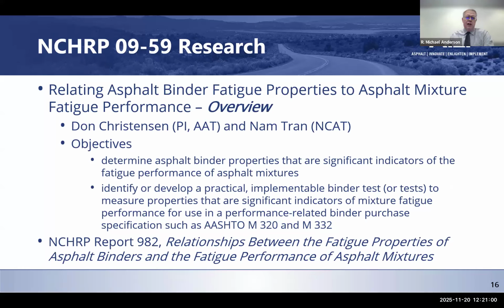So the project objectives here, which you can see, are basically looking for an asphalt binder property that's a significant indicator of fatigue performance, not the sole tie to fatigue, but an indicator of that, and identifying practical, implementable tests, one or more, to measure those properties that can be put into a specification.